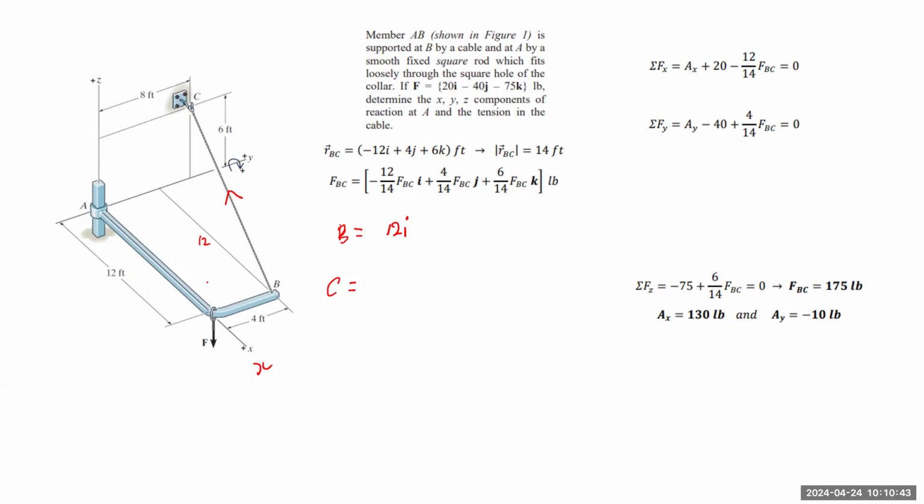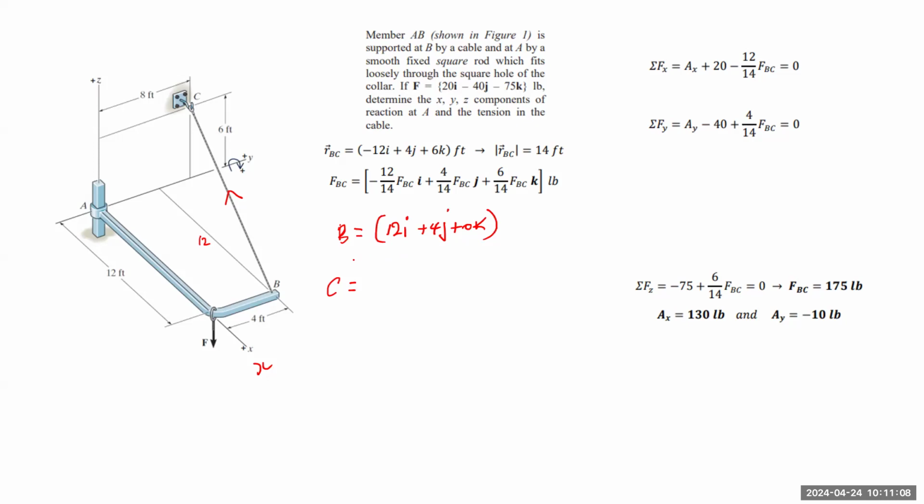And for your Y, it's going to be 4, so that's 4j. What is your Z? Do we have a Z component? No Z component. So that's 0.